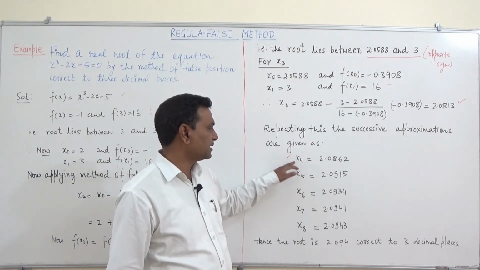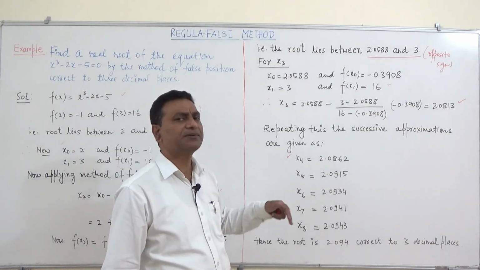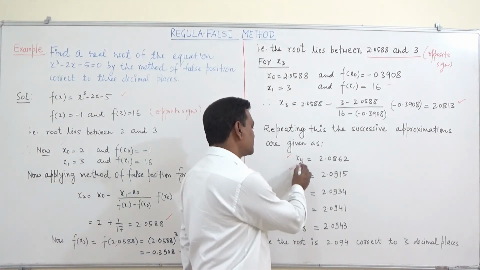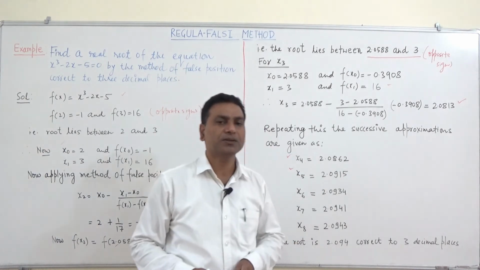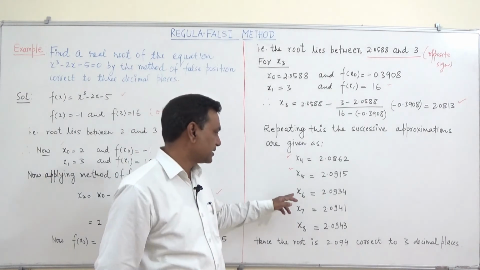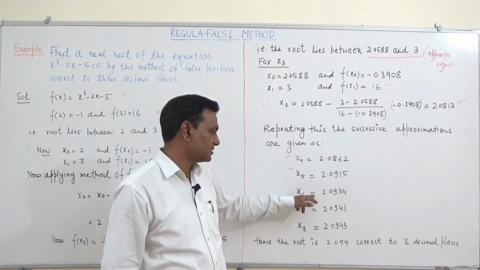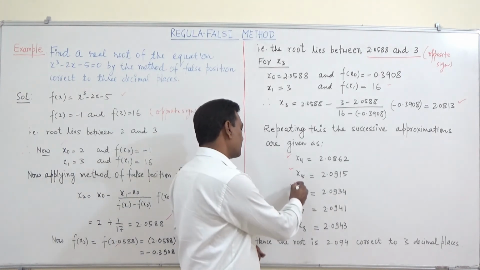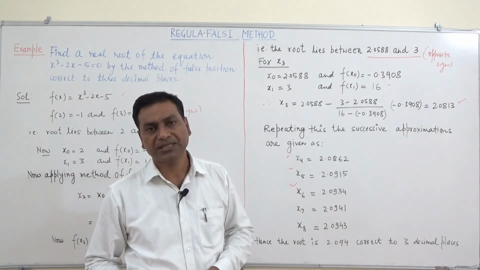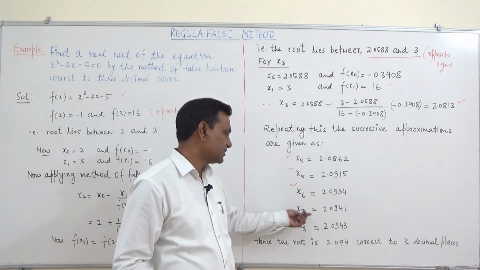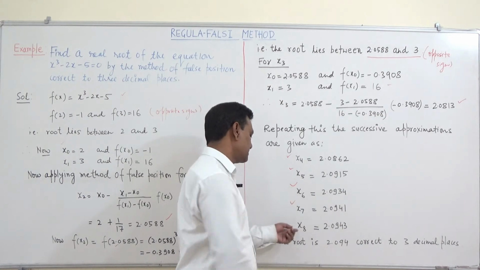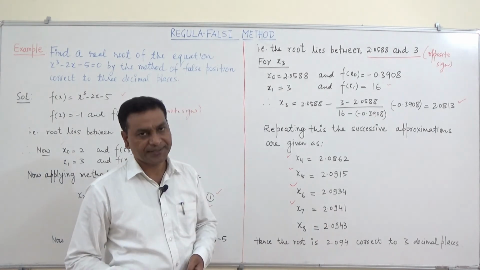After finding x4, we again check the signs and then find x5, which comes out to be 2.0915. Then x6 is 2.0934, x7 is 2.0941 and x8 is 2.0943.